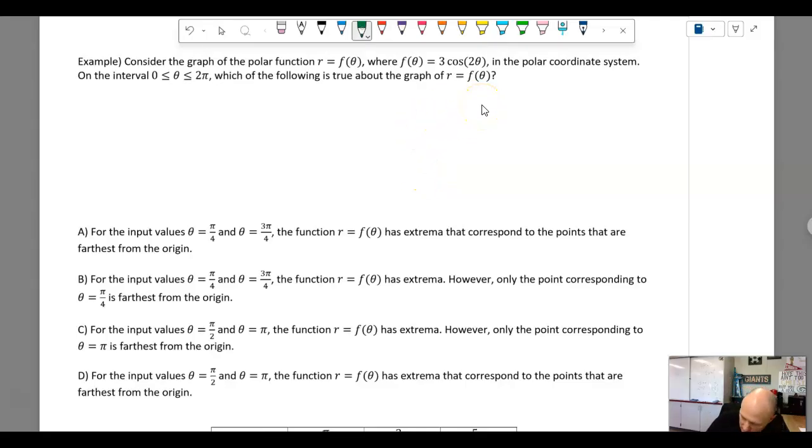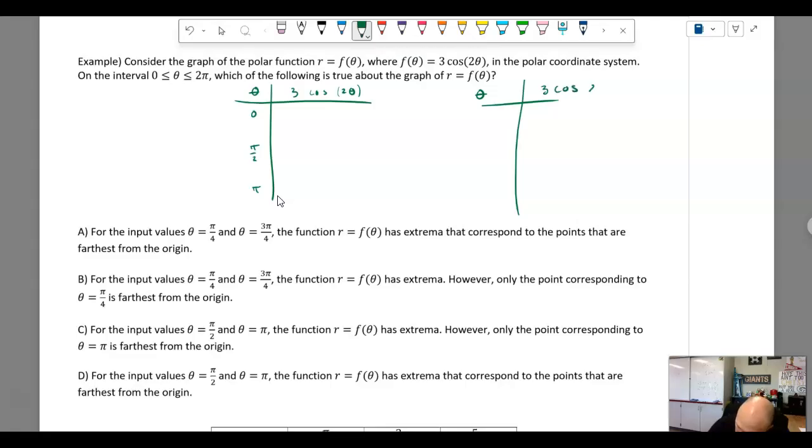So what we want to do here is create, again, a table of values. So I'm going to make theta, and I'm going to plug in 3 cosine of 2 times theta. And I'm going to take all my quadrantals, so those are easy enough: 0, pi halves, pi, and just because I know that this one's going to require a good amount, 2 theta.